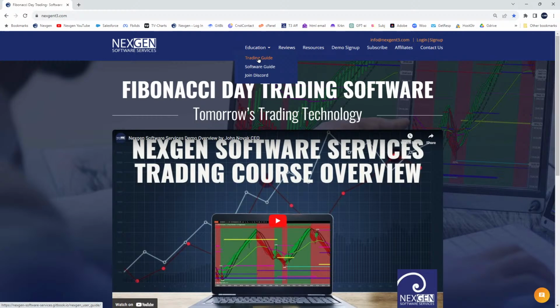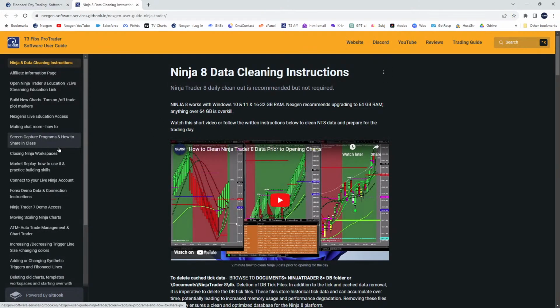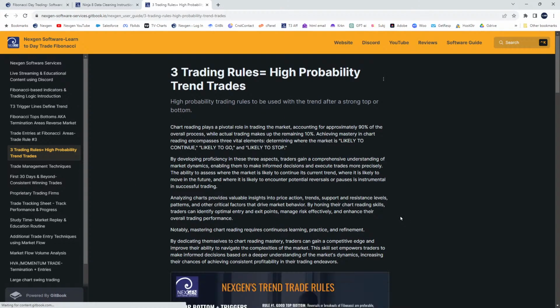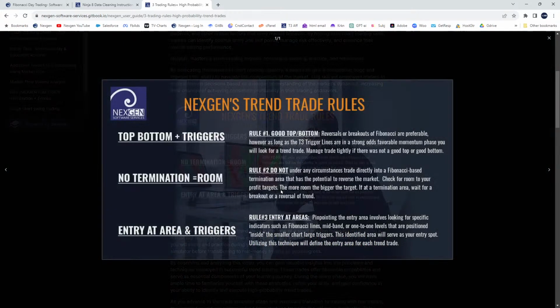Looking at the charts is probably an easier way to learn the rules. Most day traders are a little more visual than they are written word. Anyway, we can look at the written word, which is fine.